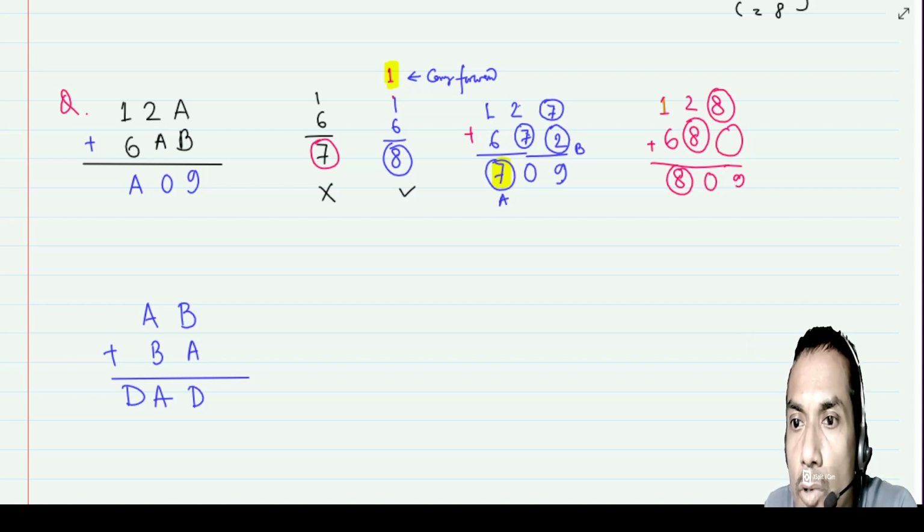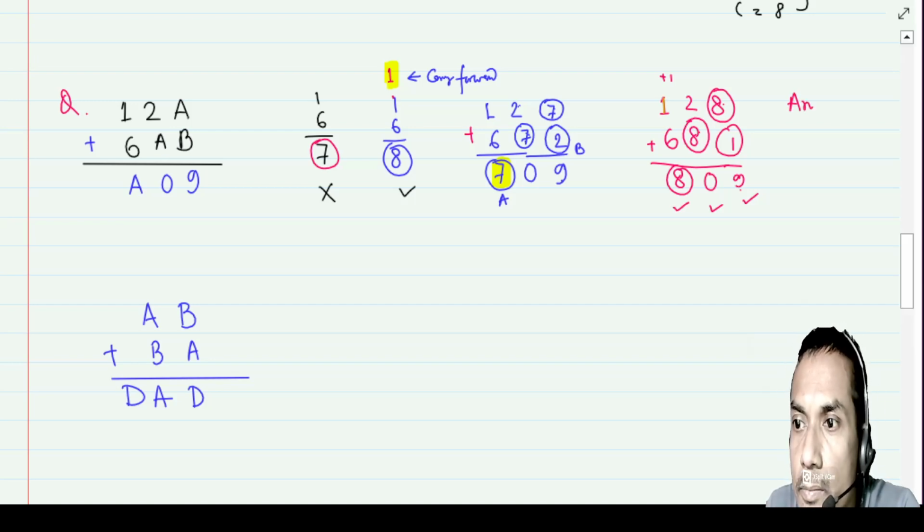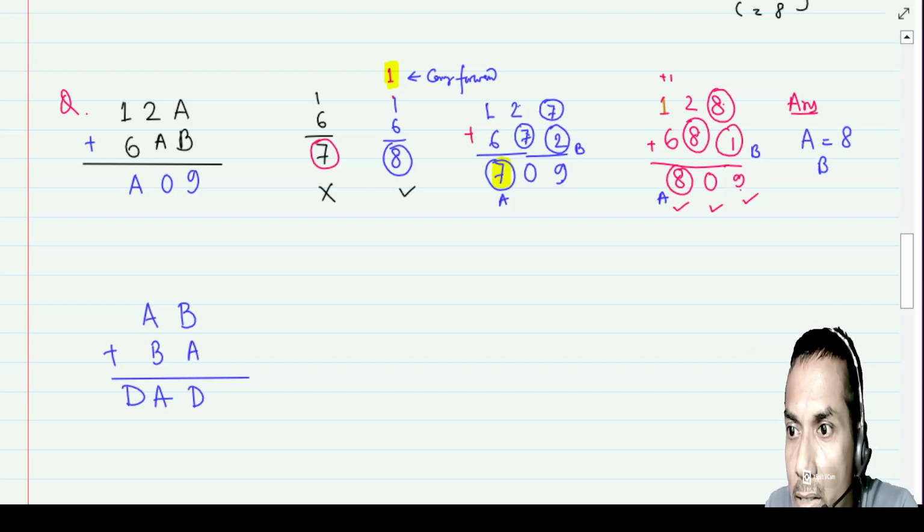Tell me. So it will be 1. Now you add it, you check whether the value satisfies or not. So 8 plus 1, 9, that is fine. 8 plus 2, 10, 0, carry forward 1. So 6 plus 1, 7, plus 1, 8. So the answer is this value. This is the value of A, B. So A is equal to 8 and B is equal to 1. This is the correct answer.